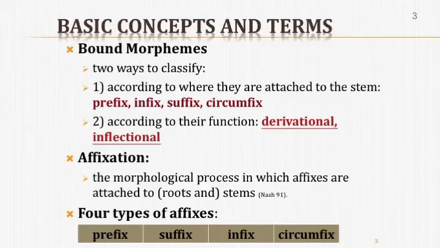A circumfix splits itself and attaches to both ends of a word. So it's split into two parts, one at the beginning and one at the end. It surrounds the word. So this is another way to classify bound morphemes.